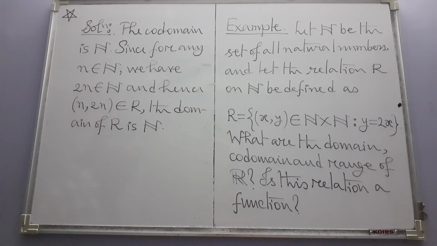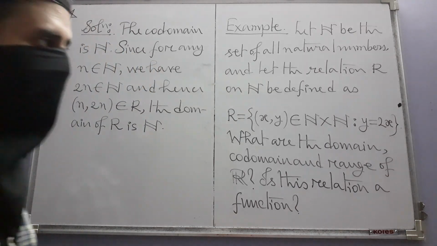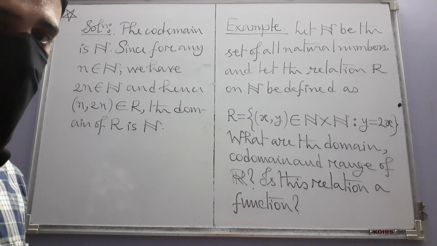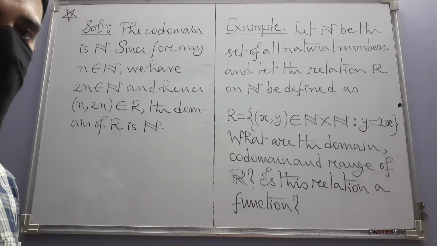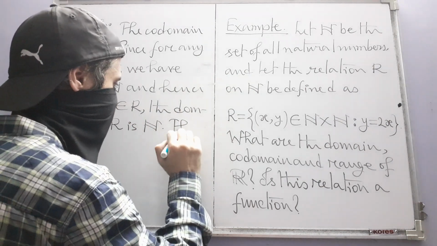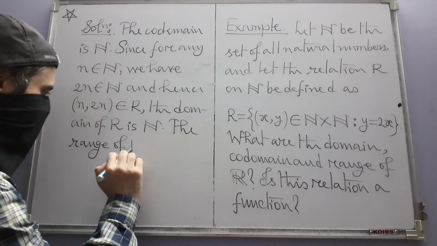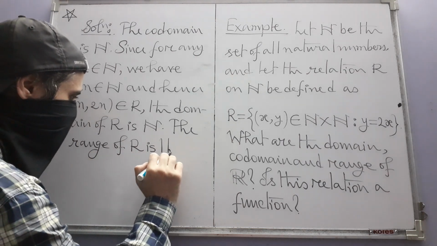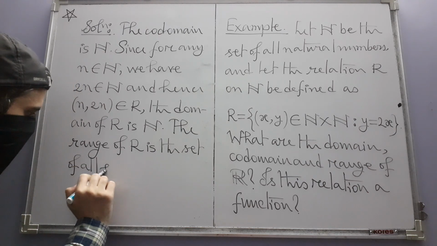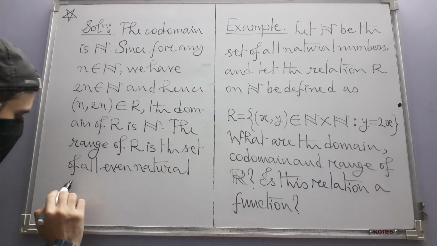And what will be the range? The range is the set of all these y's. The y's need to be what? They should be even natural numbers because they are twice of some natural numbers, each one of them. The range of R is the set of all even natural numbers.